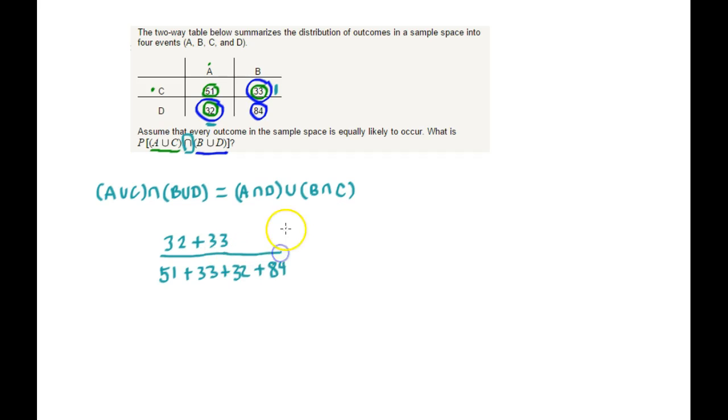And that will give us our probability. I'll plug this in really quick. I can see that's 65 on the top, and then we have 51 plus 33 plus 32 plus 84, 200. And that equals 0.325.